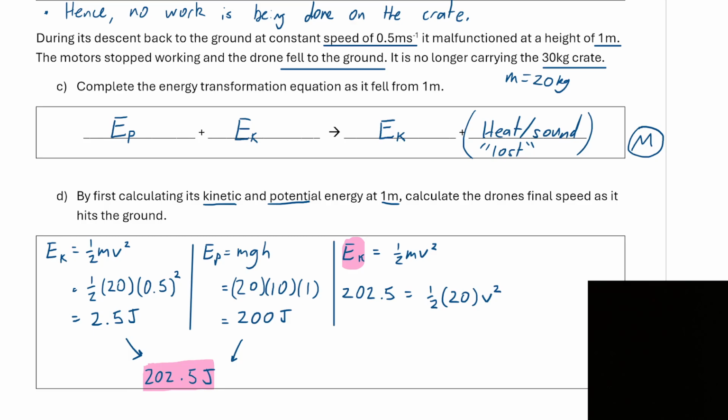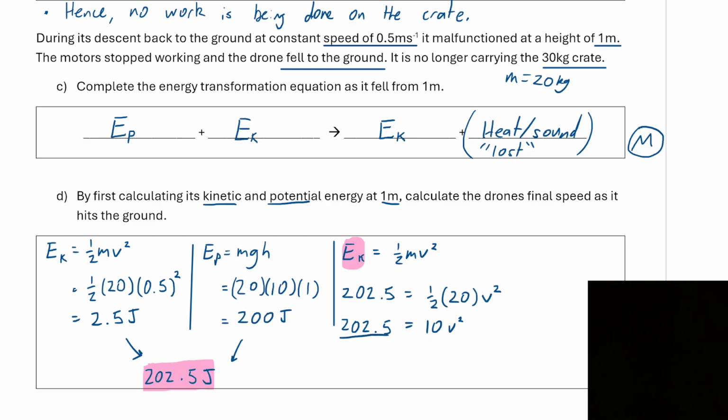So now we have an equation. If you're confident in your maths, this is a quadratic equation because it's V squared, but this one's pretty easy to solve. So to solve it, we could do half times 20 to start, and that gives 10. Everything else stays the same. Now if we're solving for V, before we square root it, we need to get rid of the coefficient.